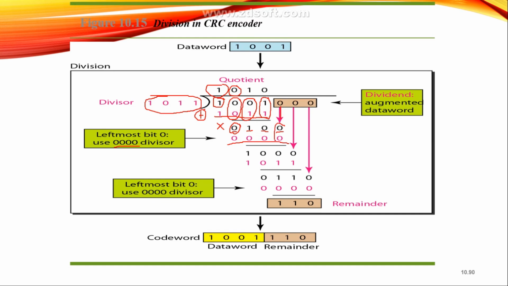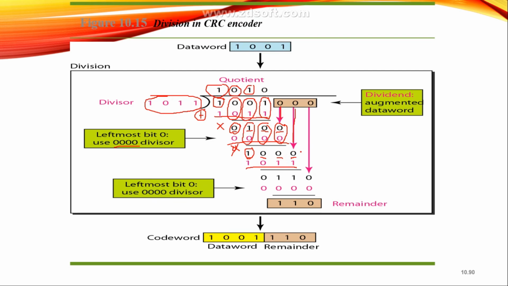You could observe, the XOR of these two similar bits is 0, the XOR of these two similar bits again is 0, and the XOR of these two dissimilar bits is 1, and this is discarded because its value is 0, so we are going to discard it. Now we are going to pull down the next 0 over here. Again you have to check the leftmost bit, it is 1, then we are going to use 1011 as a divisor, so this is multiplied by 1.